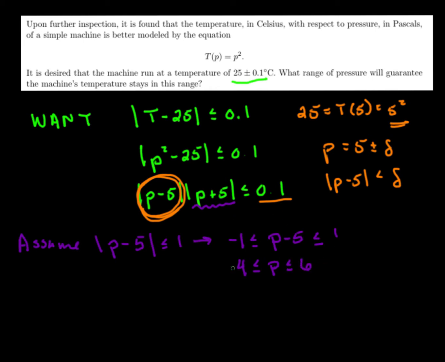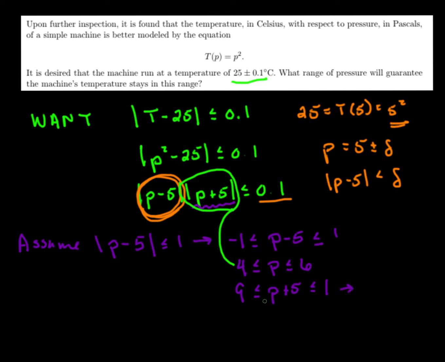And remember why I did all this. I want to know something about P plus 5. So if I added 5 all the way across, I would get that 9 is less than or equal to P plus 5 is less than or equal to 11.